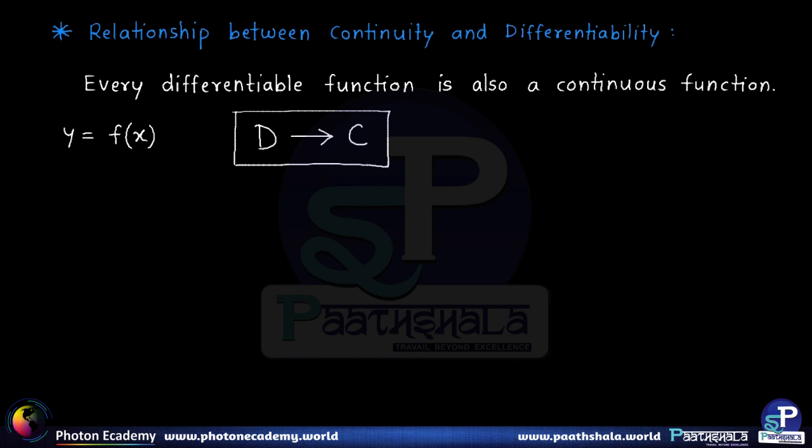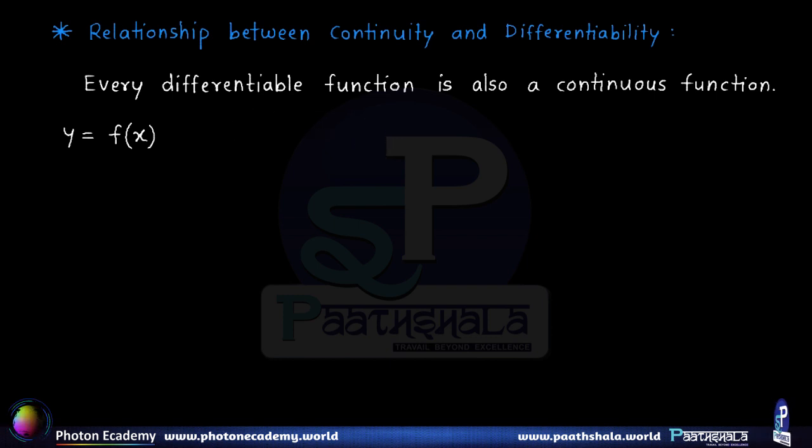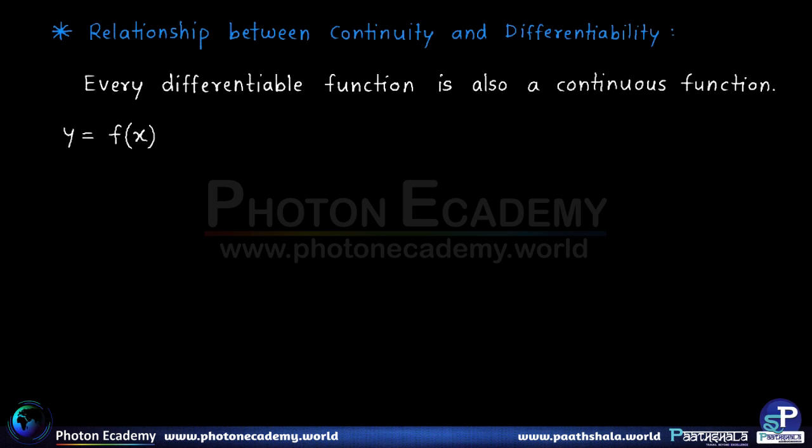That is, let us consider the function y as a function of x, which is a differentiable function. And by the word differentiable, it means it can be differentiated. That means its derivative exists.